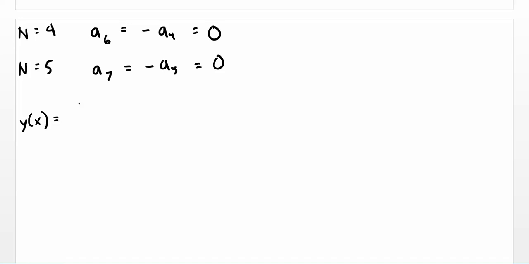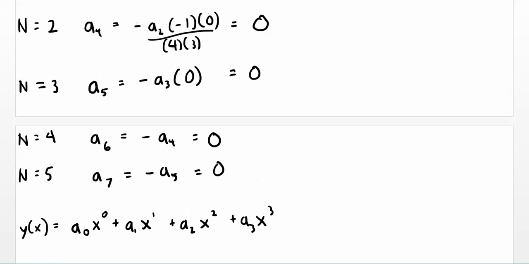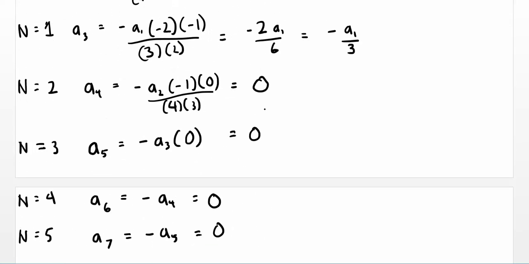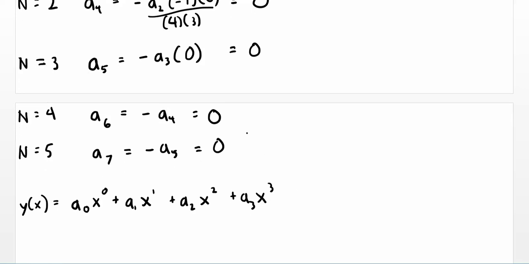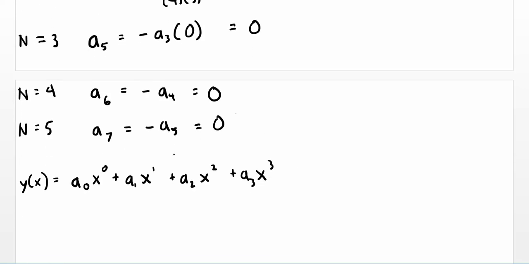Y of x equals, we'll write out the general expression first, a sub 0 times x to the 0, plus a1 x to the first, plus a2 x to the second, plus a3 x to the third. I believe that was our last term. Yes, a4, a5, a6, everything else was 0. We only really have these 4 terms.